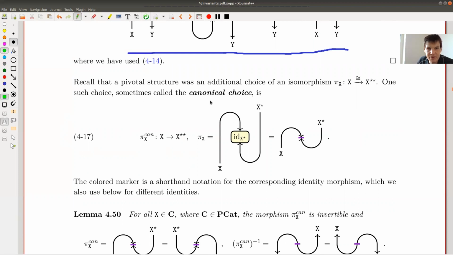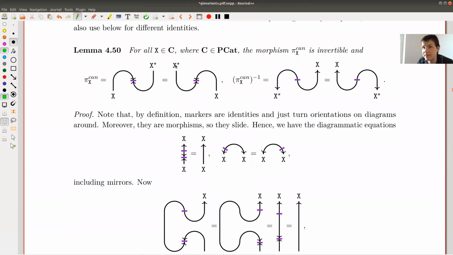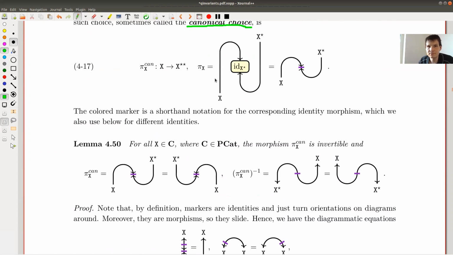Because of time reasons, I will not go into details, but there's a canonical choice of pivotal structure. Please have a look in the write-up, but remember that pivotal and pivotal structure is not quite the same, but there's a canonical choice of a pivotal structure which has some nice properties. It's this diagram, and whenever I say something is a pivotal structure, I usually like to use the canonical choice.